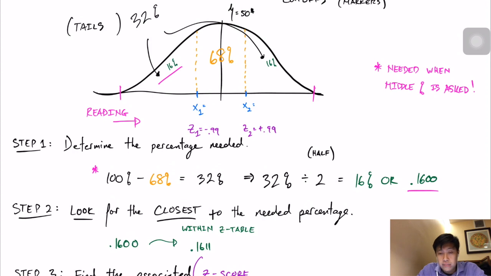You can do that if that makes you more comfortable. The bigger picture is to realize the symmetry, but the fact that there's 16% on the right side as well. So whatever it is equal from the middle to x sub 1, it has to be equal from the middle to x sub 2 as well. Again, symmetry. Let's scroll back down.